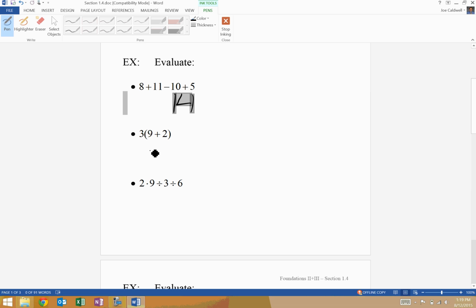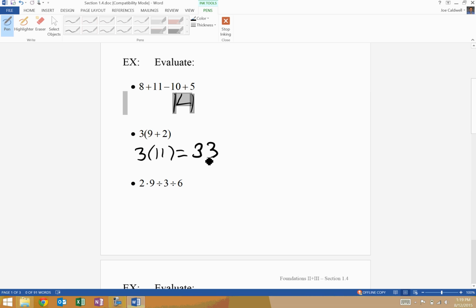For our next example, we have two things. Remember, if you have a number smushed up against parentheses, that means multiply. So we have a multiplication operation, and we also have a grouping. Based on our order, we should do the grouping first. So we take 9 plus 2 and turn it into 11. Now we have 3 times 11, which gives us 33.